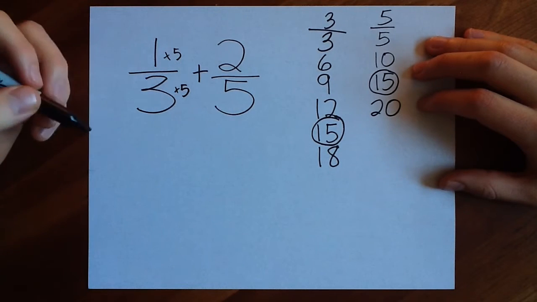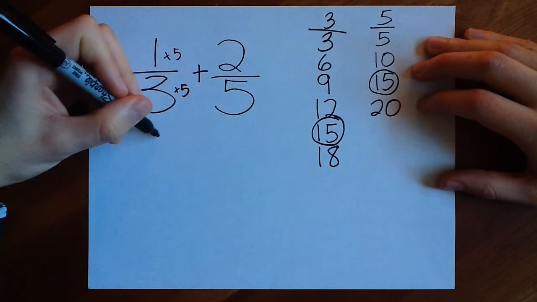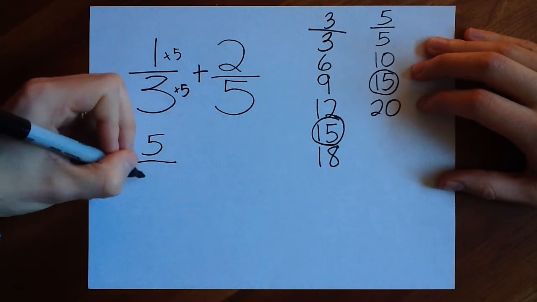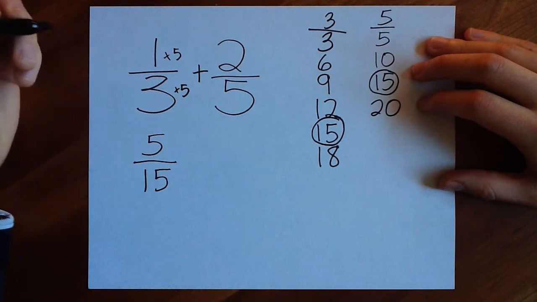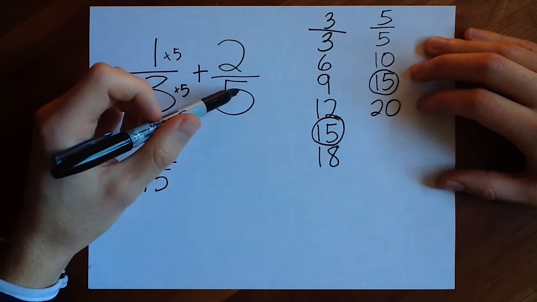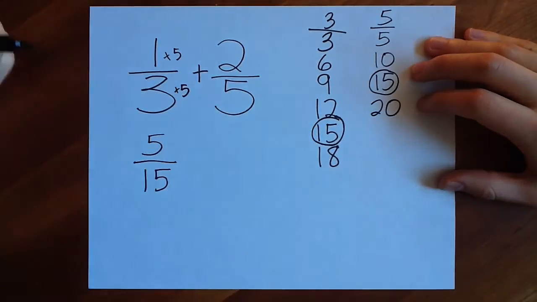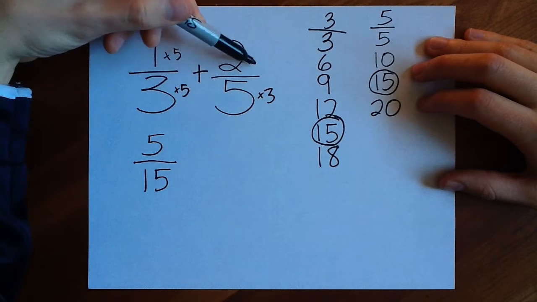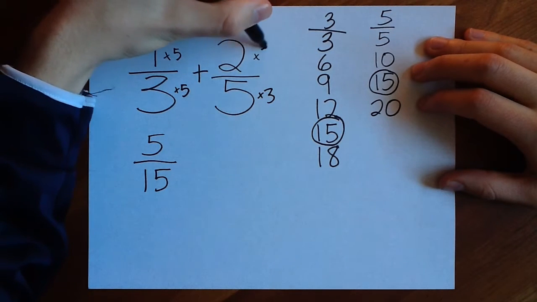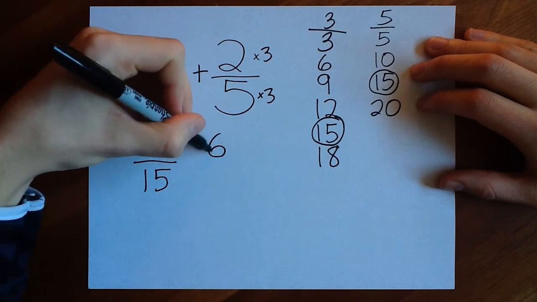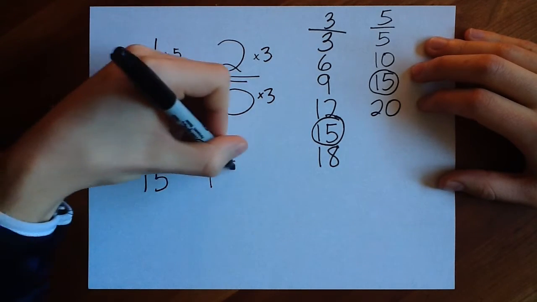Let's rewrite it down below. 1 times 5 is 5 over our denominator of 15. The second fraction. How do we get from 5 to 15? By multiplying by 3. What we do to the bottom, we do to the top, which gives us 6 over 15.